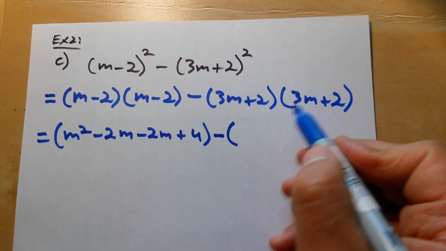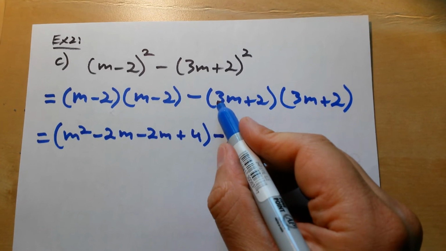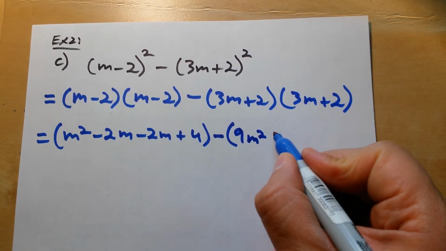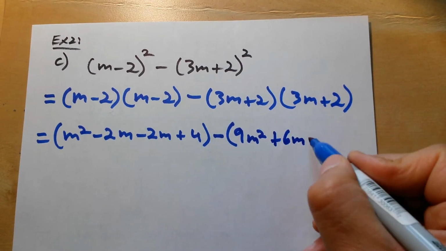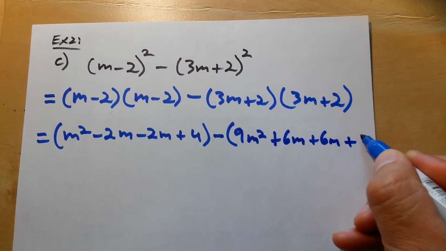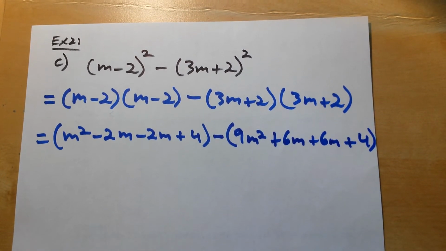So 3m times 3m gives us 9m squared. 3m times positive 2 gives us 6m. Positive 2 times 3m gives us 6m, and then positive times positive, 2 times 2, 4. That's it. Perfect. Kind of had to squeeze it in there.